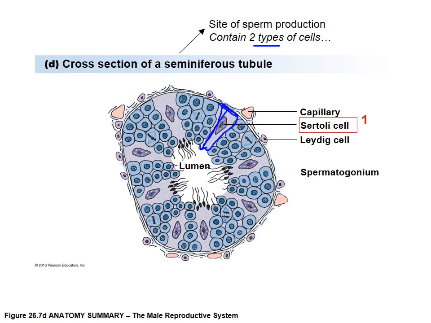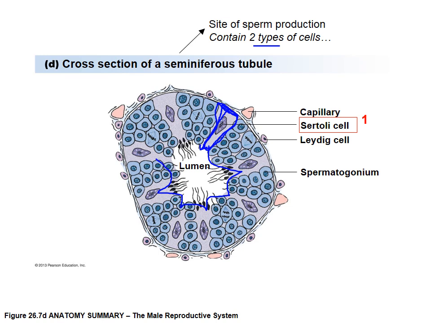So this entire part is one cell. This entire purple structure is one cell. And the neighboring Sertoli cells are linked by tight junctions. So all of these different Sertoli cells are linked by tight junctions.